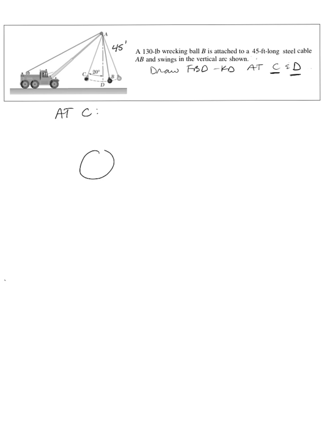I'm just going to draw two big circles over on the FBD side. I've got the tension in the cable. I've got the weight of that thing, which is going to be 130 pounds. And I know that that tension is at an angle of 20 degrees.